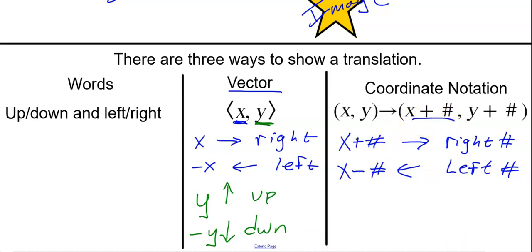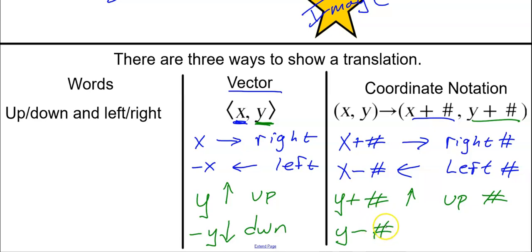So x tells me my horizontal movement, and y is my vertical movement. If I say y plus a number, we are going to go up however many spaces that number says. If we say y minus a number, that means we are going to go down however many spaces we say.